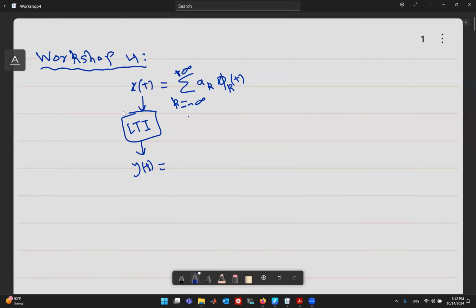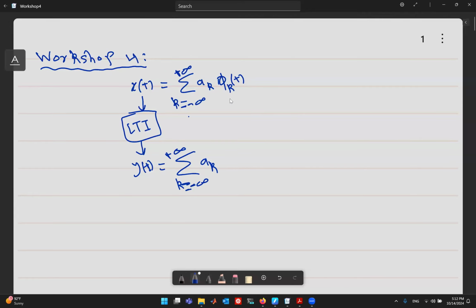Since the system is linear and time invariant, and the input is just a summation of scaled other signals, then the output will also be a combination: summation k equals minus infinity to plus infinity. a_k will remain the same because it's a constant.